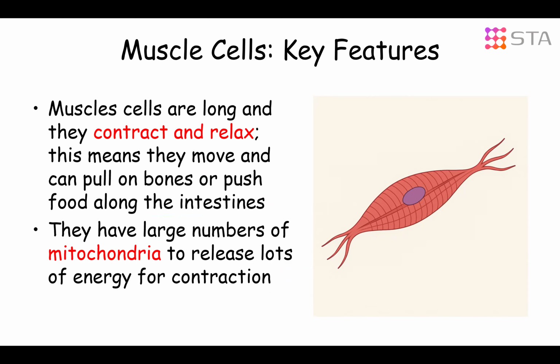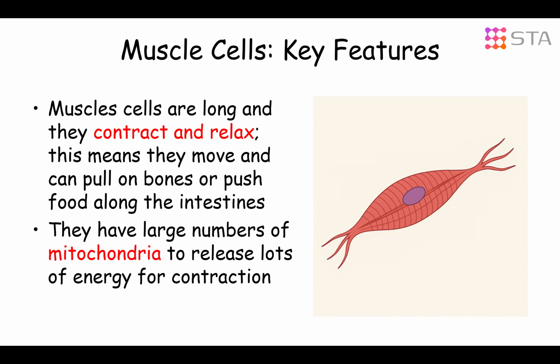So, muscle cells are long. Just think of, let's say, the biceps in your arm. These are your arm muscles. They're made of millions of long muscle cells. What do muscle cells do? They contract, which means they squeeze or squash together, and then they relax.